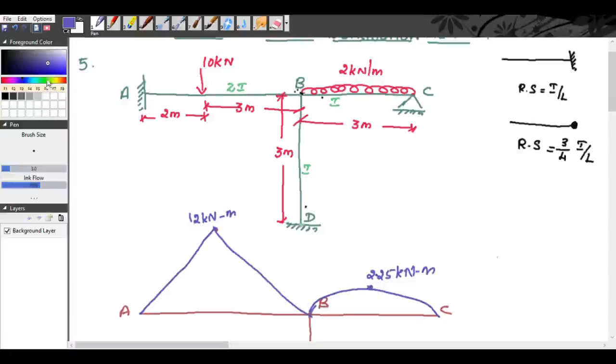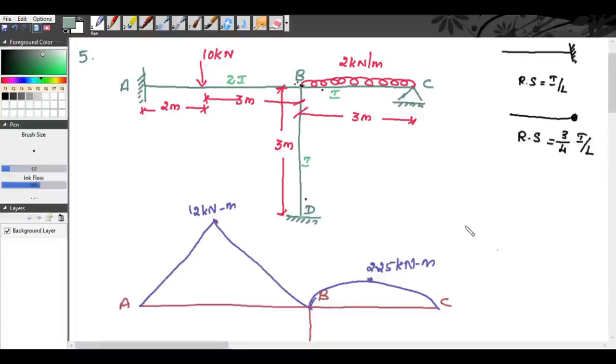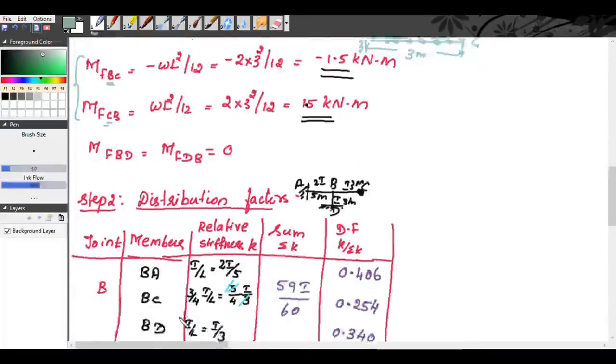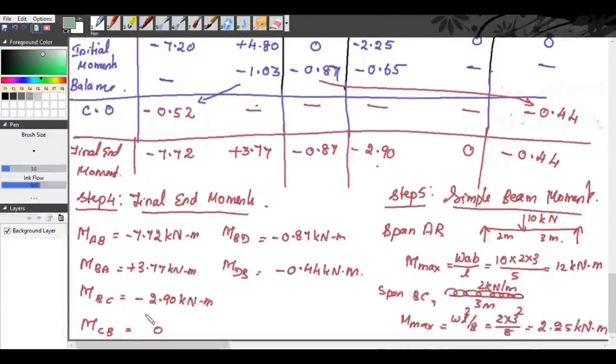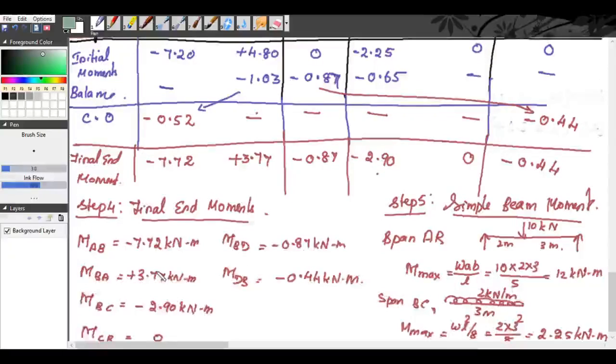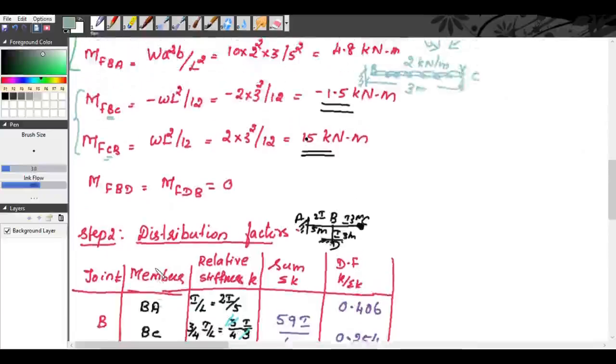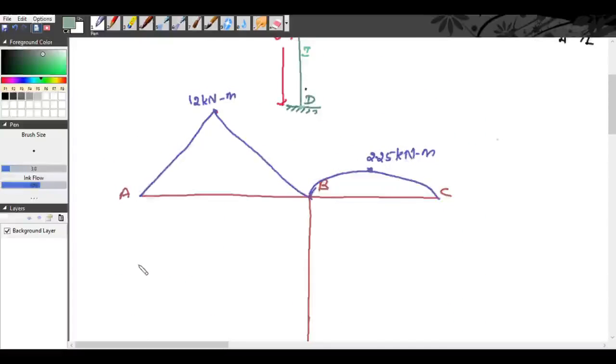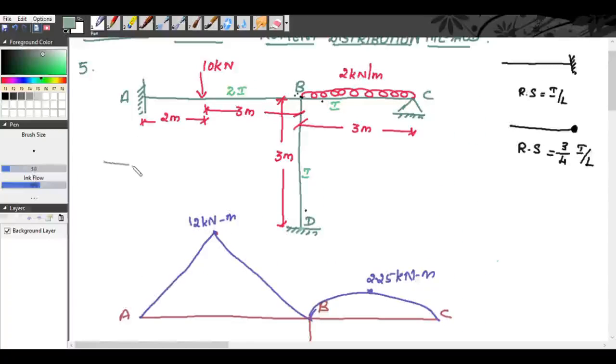Now, we will draw the final end moments due to fixed supports. So, that we have determined our final end moments as minus 7.72 plus 3.77 for AB and BA. So, here at A, when you are considering the span AB, the values are minus 7.72.